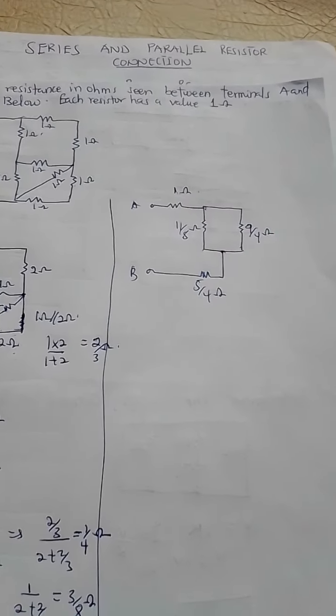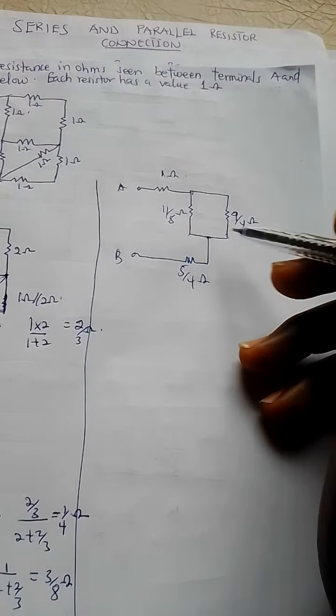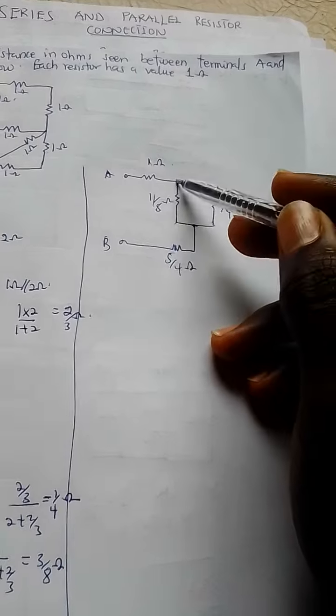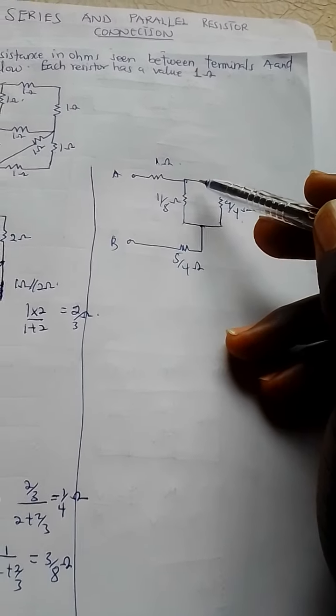So from here I can see that my 11 over 8 ohm and my 9 over 4 ohms are in parallel, because I can traverse through without meeting any other elements, but there are nodes here, so that makes them parallel.